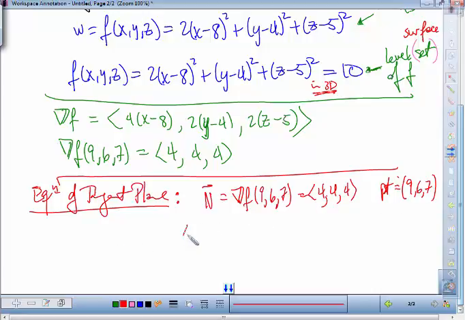So it'll be 4x plus 4y plus 4z is equal to, I suppose I could have just used 1, 1, 1, right? Because that's the same direction. But I used 4, too late. So 4 times 9 plus 4 times 6 plus 4 times 7. And we could factor out a 4.